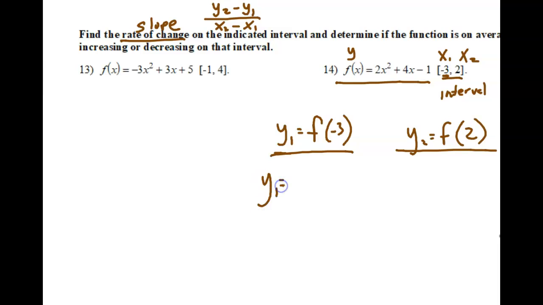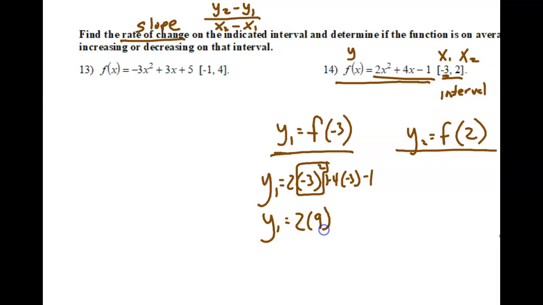So y1, if I plug in -3 to my formula up here, is going to end up being the following. Squares are first. Then comes multiplication. And then addition and subtraction from left to right. So my y1 is 5.